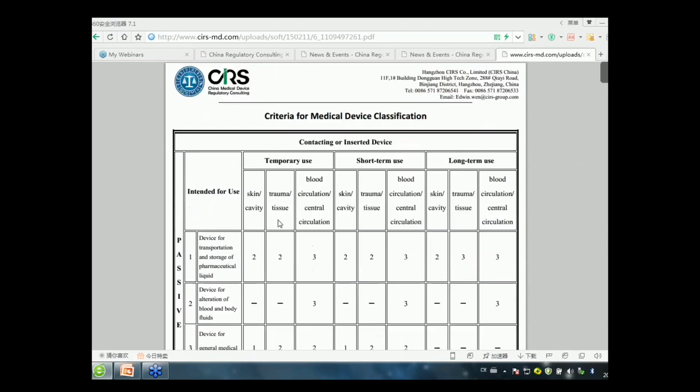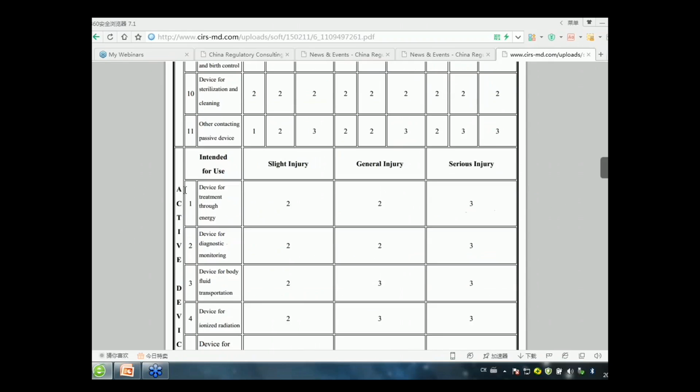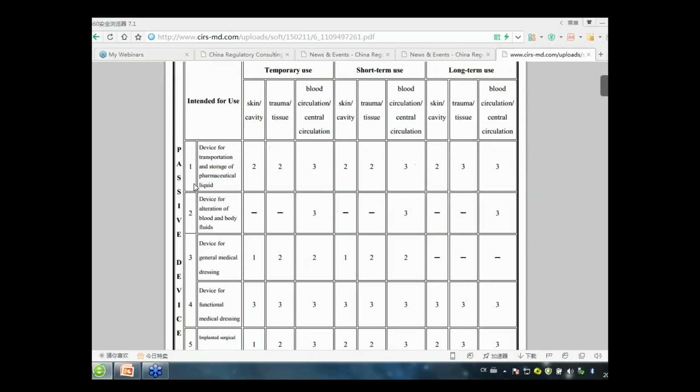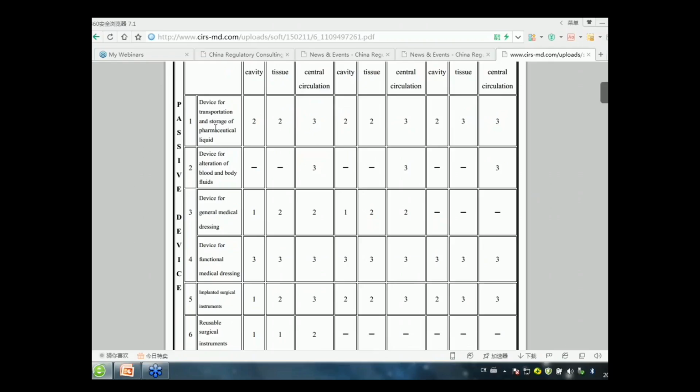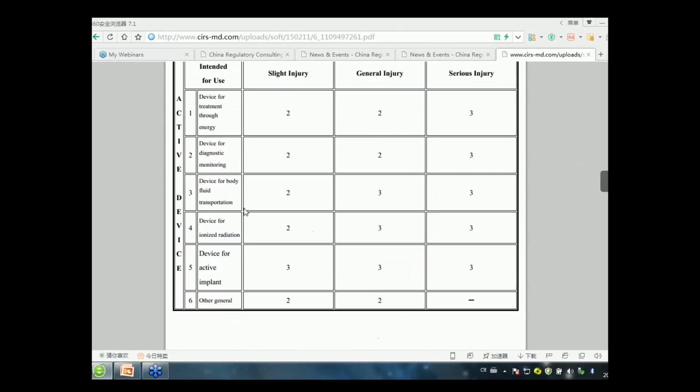And then you should make sure if your product is a passive device or active device. Afterwards, you should be aware of the intended use. Is your device for transportation, for the alteration of blood and body fluids, for general medical dressing, or for allergic treatment?